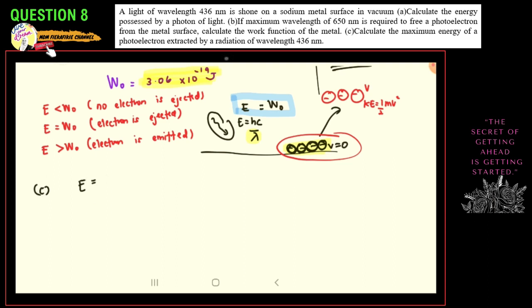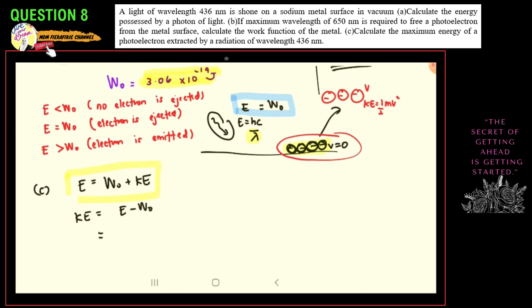E is equal to W0 plus KE. So this is the general equation. We want to calculate the maximum kinetic energy and it's equal to E minus W0.